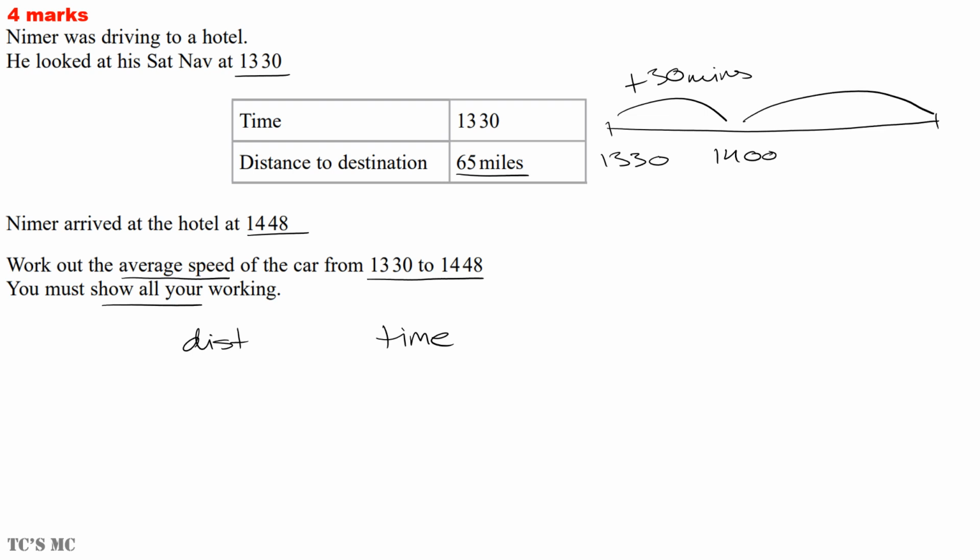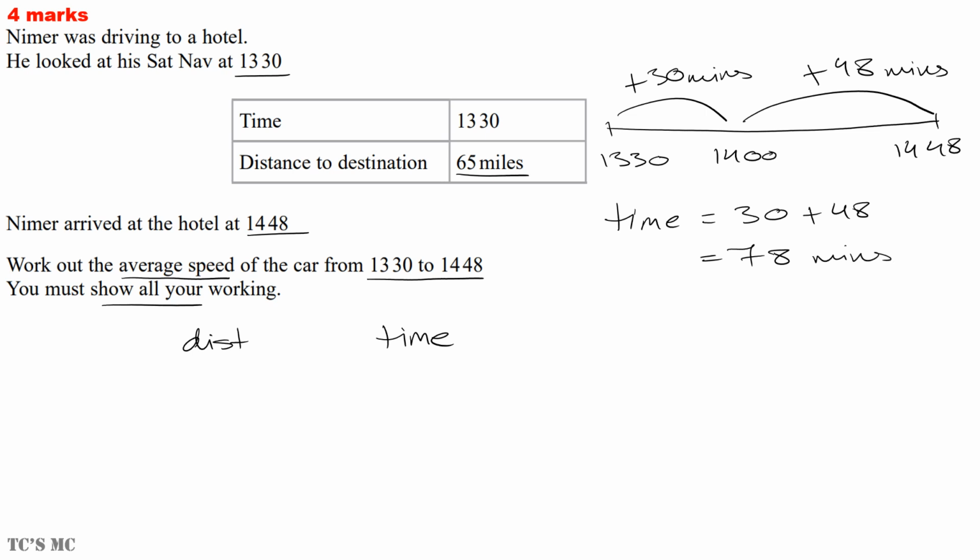If I add on 48 minutes, that will take me to 14:48. So the total time is equal to 30 add 48, which is 78 minutes. Now I have 1 mark.